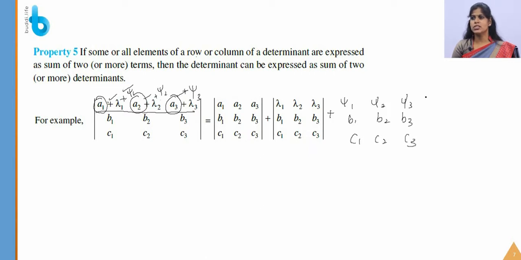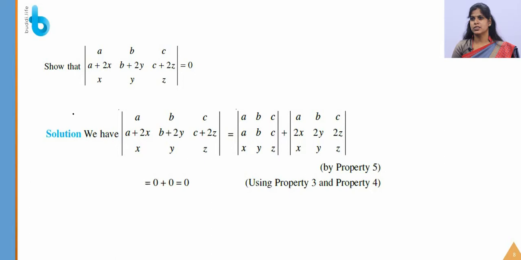See, all these why we are learning is to make the simplification in solving the problem very easier. You can just apply this property, or you can just write by property 5 and write the result to make your calculations easier. Yes, here we have a problem.